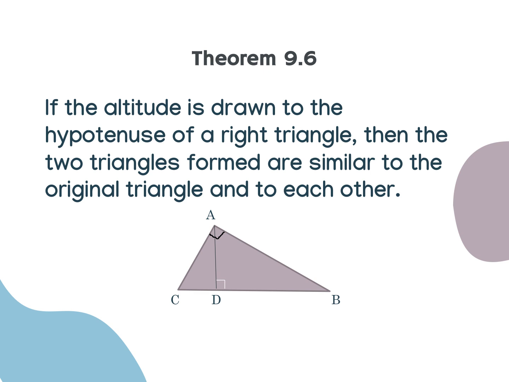So what's happening here is I have an original right triangle. So here is my original right triangle, the ABC. And then as soon as I draw in the altitude straight down here, it creates two smaller right triangles.